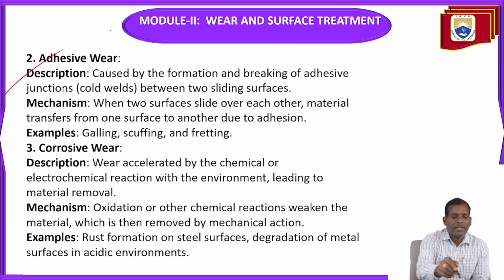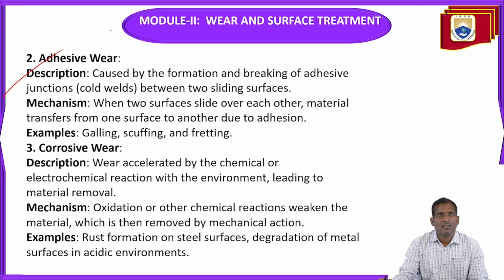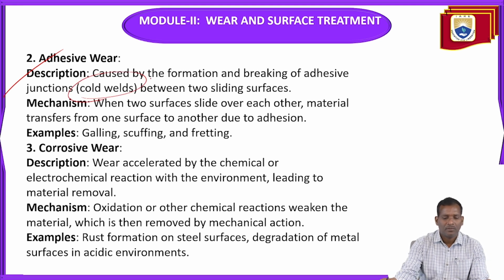The adhesive wear is caused by the formation and breaking of adhesive junctions, cold welds, between two sliding surfaces. Due to the adhesive forces, the formation and breaking occurs. These are called cold welds, or cold welding.